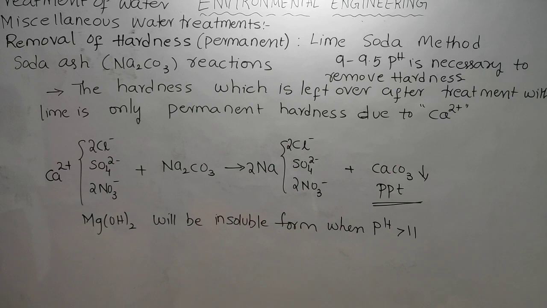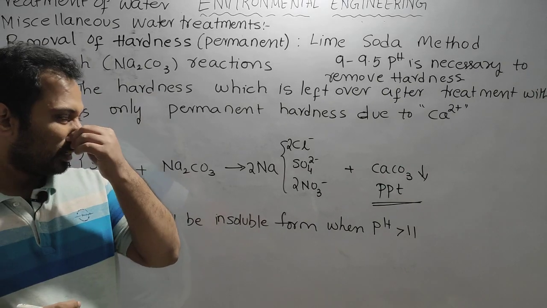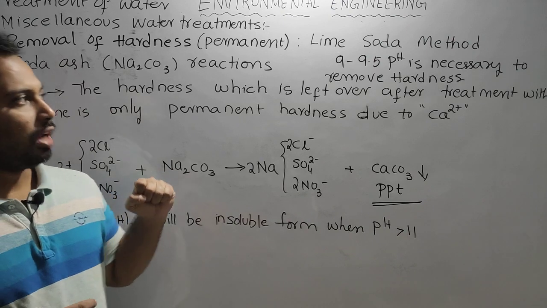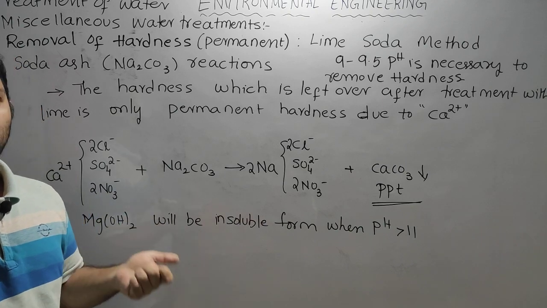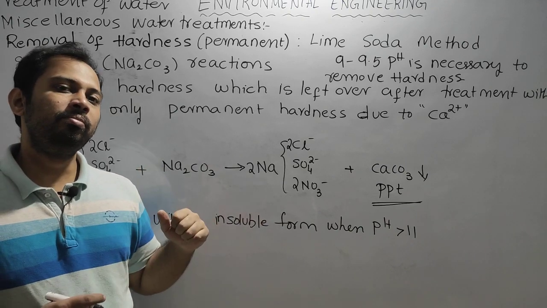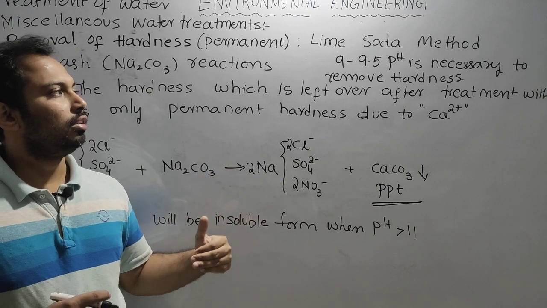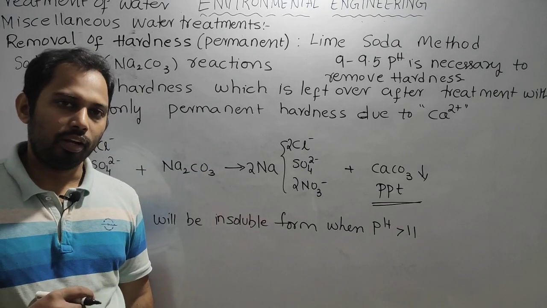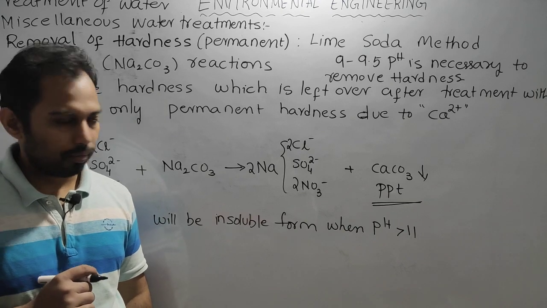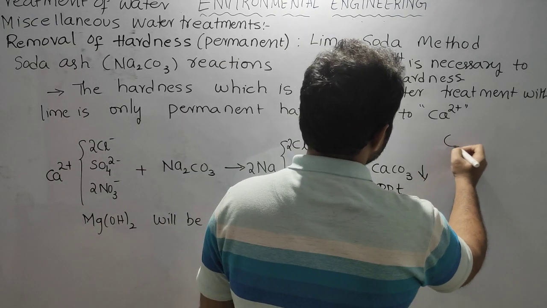So again one more problem is that complete removal of hardness is not possible, because we are adding some lime to the water again to increase the pH. So this lime will be increasing the pH, and it also forms a precipitate CaCO3. Or else lime, if it is remaining, like Ca(OH)2.